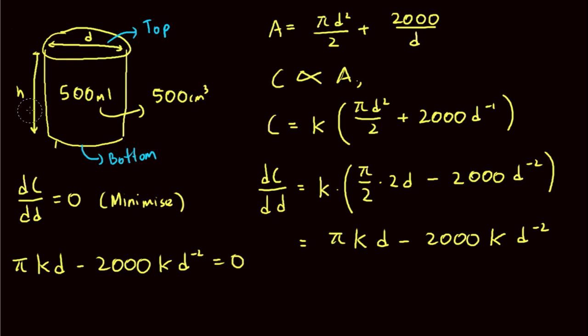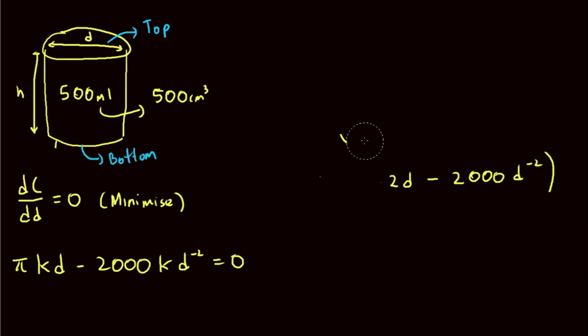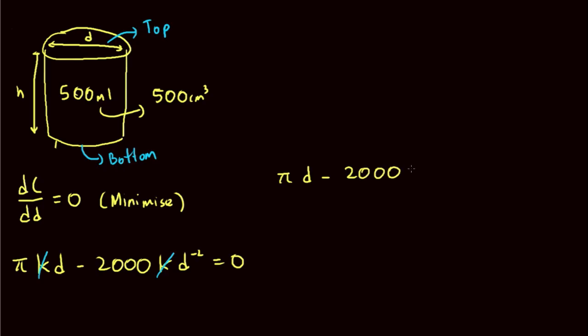Again, we're going to erase the other side to make space. Excellent. Of course we can remove the k, because k is just a constant. So we're left with pi d minus 2000 over d square equals 0.